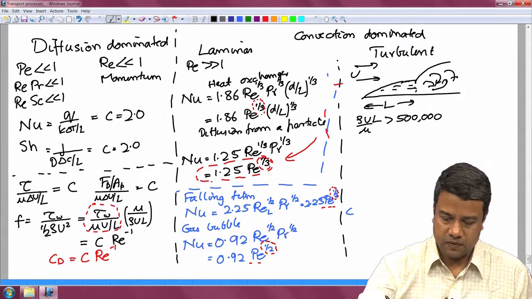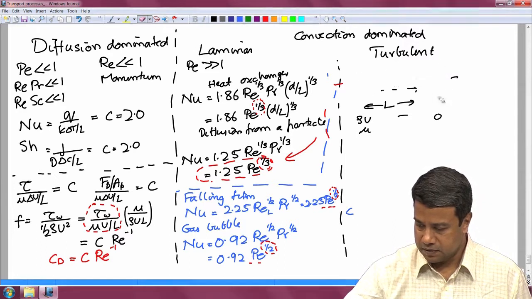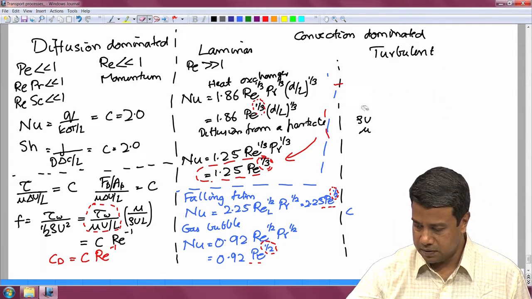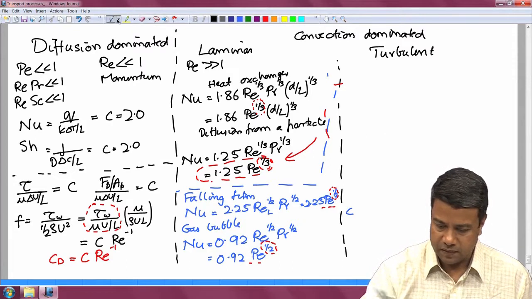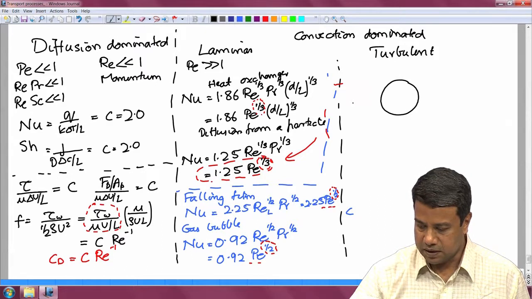This transition happens in the flow past a flat plate. It also happens in the flow past particles. If you had the flow past a spherical particle, for example, initially the flow at low Reynolds numbers will be nice and laminar, smooth streamlines.